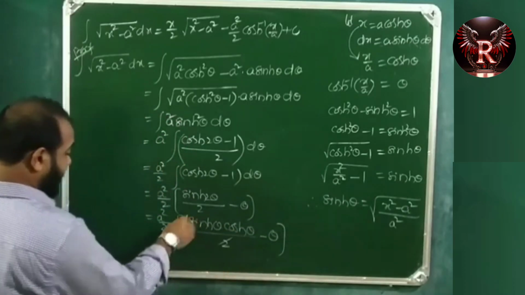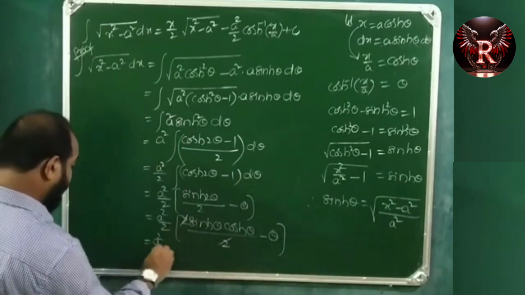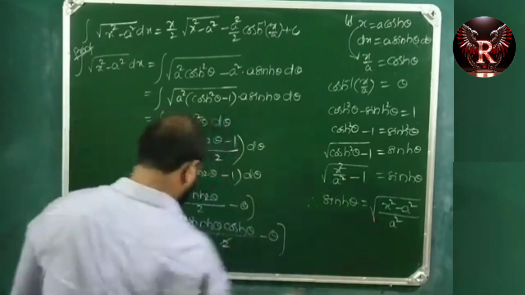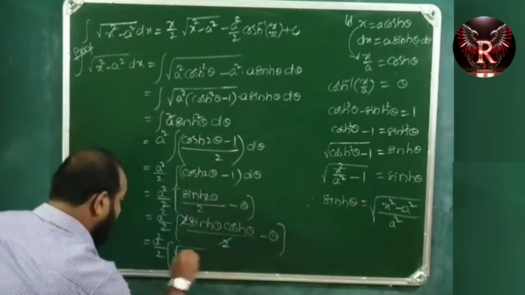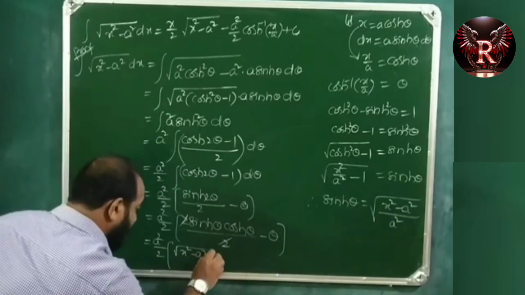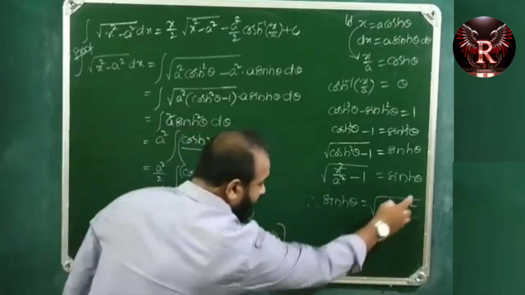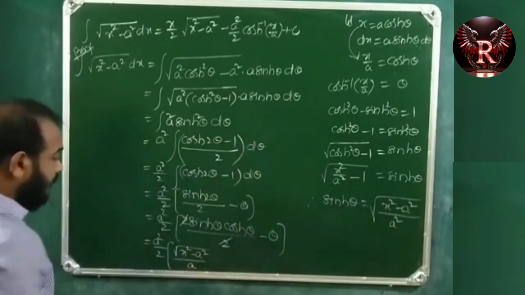So 2 gets cancelled. A square by 2 into sin h theta, which is square root of x square minus a square by a.